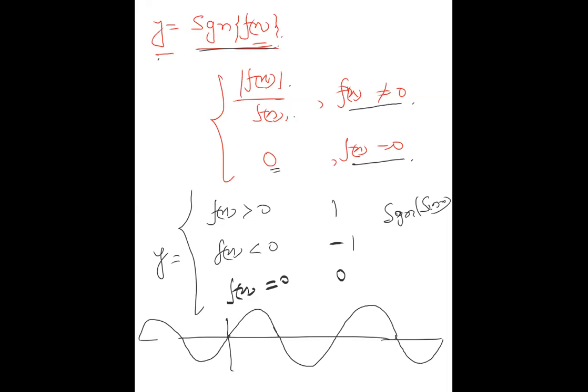So this would be the graph: 1, 0, minus 1, 0, 1, 0, minus 1, 0, and so on. This is the graph.